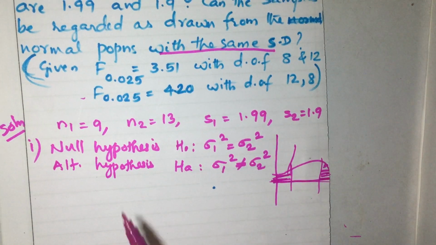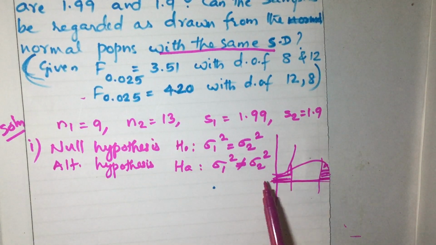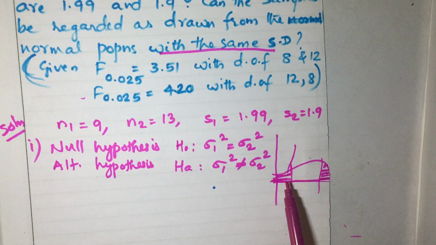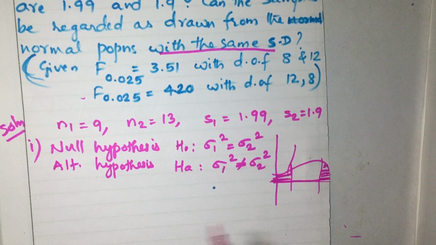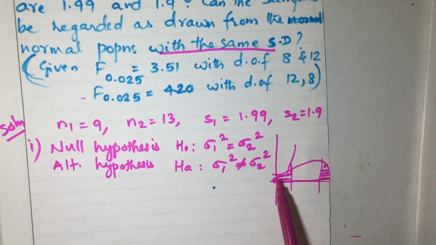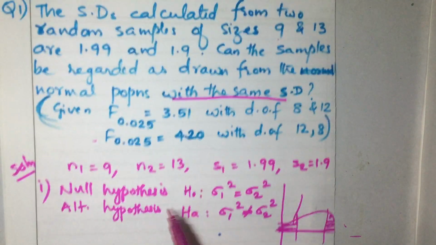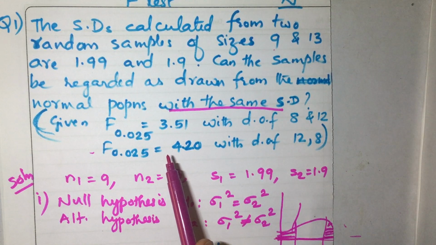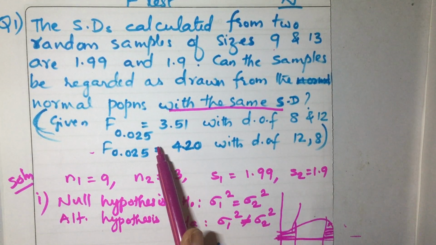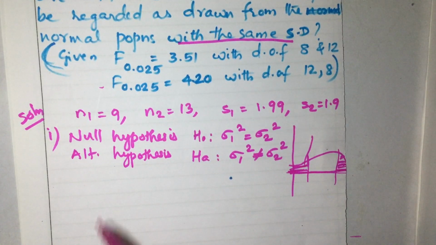So 0.025 here, 0.025 here, so total it will be 0.05. Its actual level of significance is 0.05, being a two-tailed test, that is split into two. In most cases, in the question only, they will give the table values. So this is given.